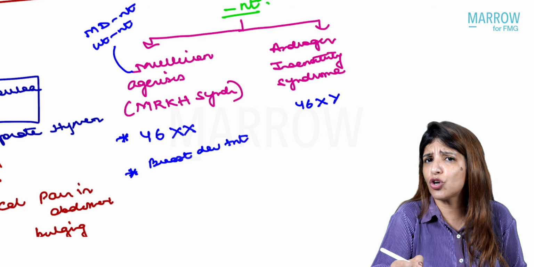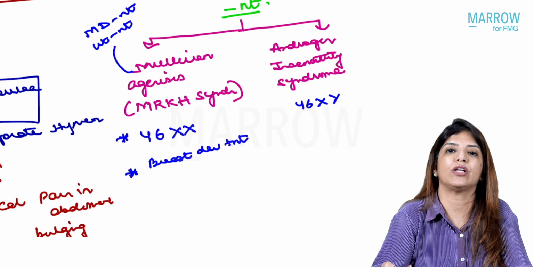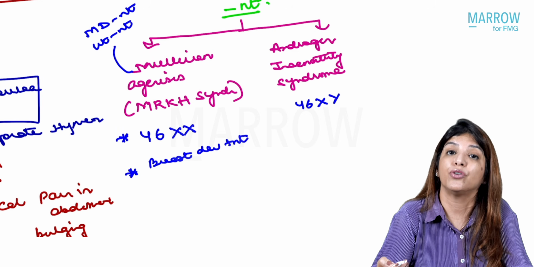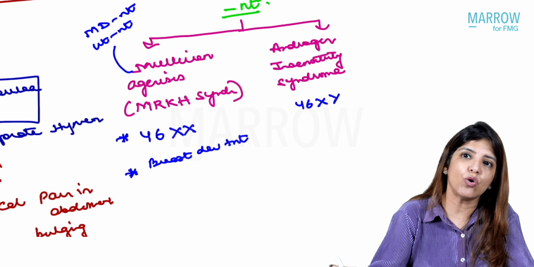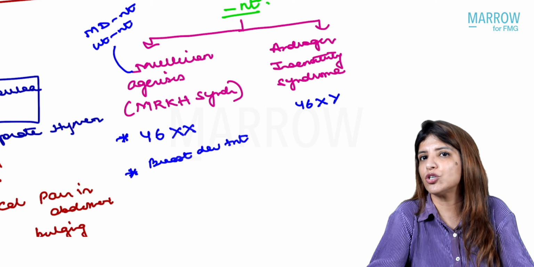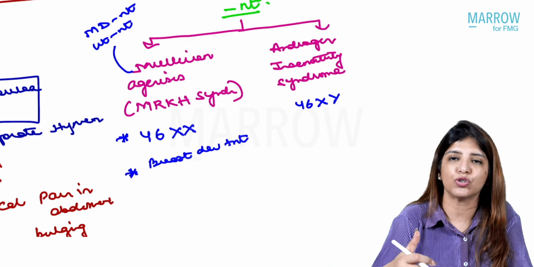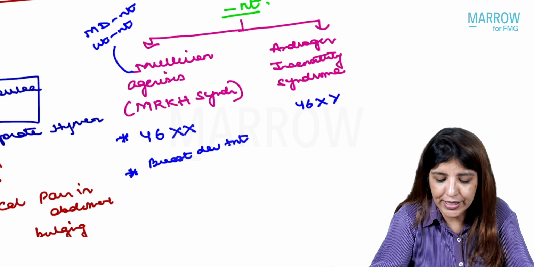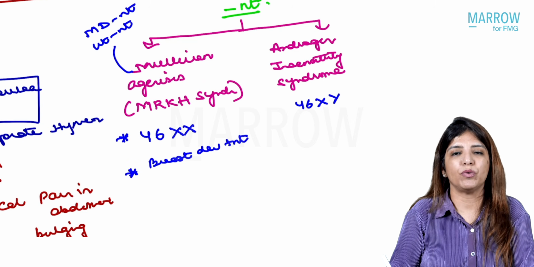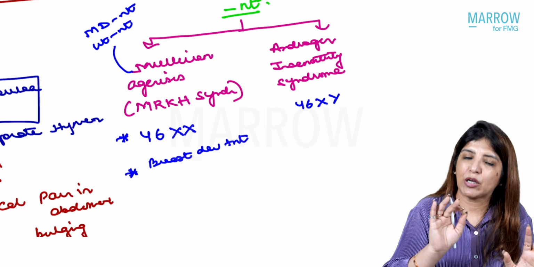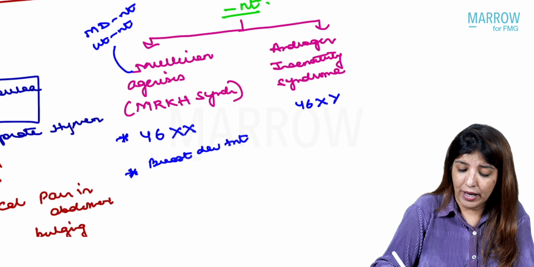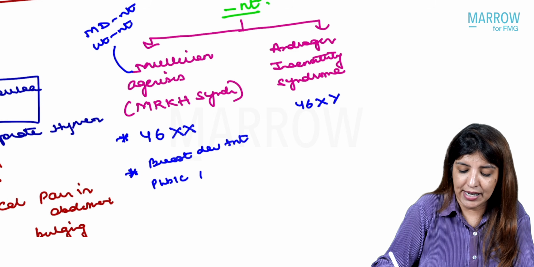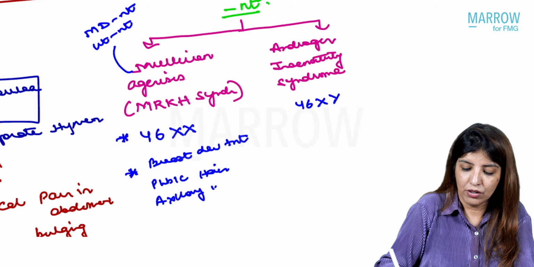Why are ovaries normal? Ovaries are normal because ovaries develop from genital ridge. They have nothing to do with Mullerian duct. Now, because ovaries are normal, estrogen is normal, so breast development is normal, right? And because they will have normal androgens also, pubic hair and axillary hair will be normal.